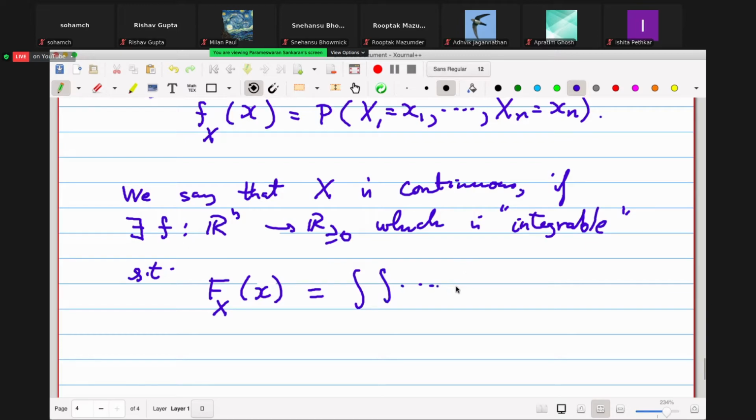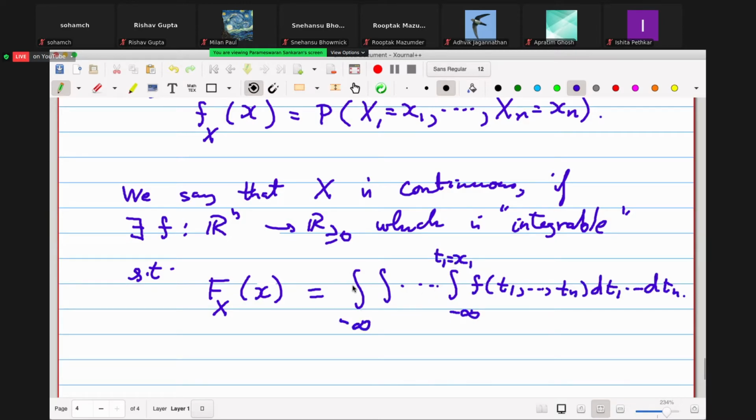If you have not studied it, we will do it mostly for 2 variables, maximum 3 variables. It's just iterated integrals, that's all. So f of t1 through tn, and then dt1 through dtn, and then t1 is from minus infinity to x1.